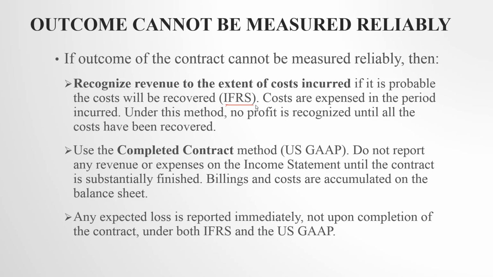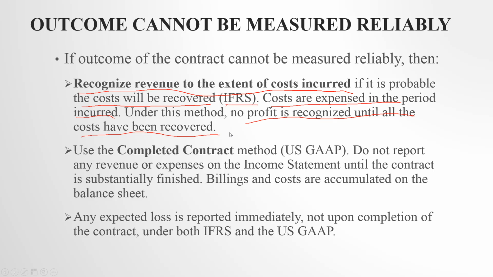Now, under the IFRS, we recognize revenue to the extent of cost incurred if we expect the cost to be recovered. Costs are expensed in the period in which they are incurred, and no profit is recognized until all the costs have been recovered.